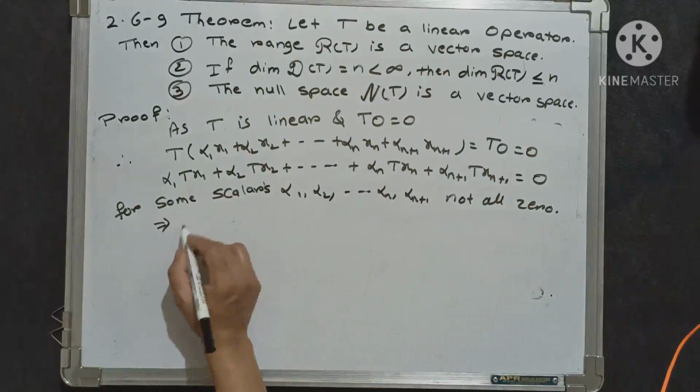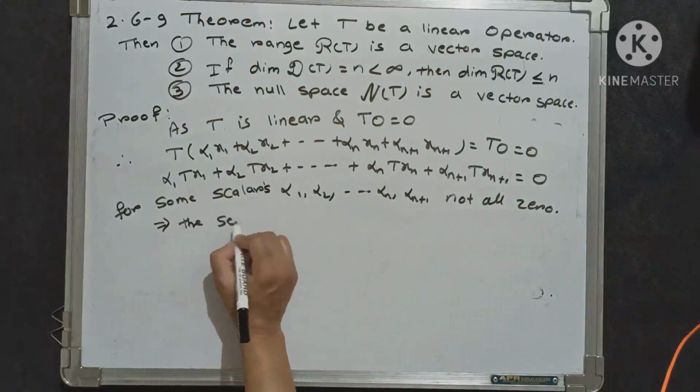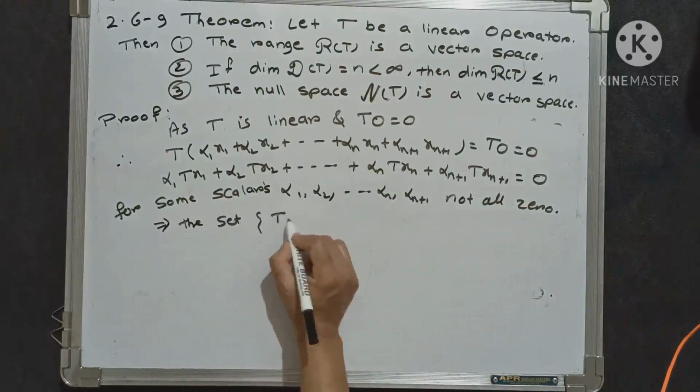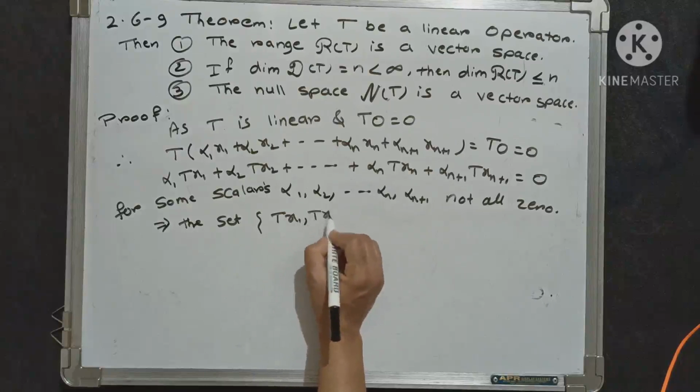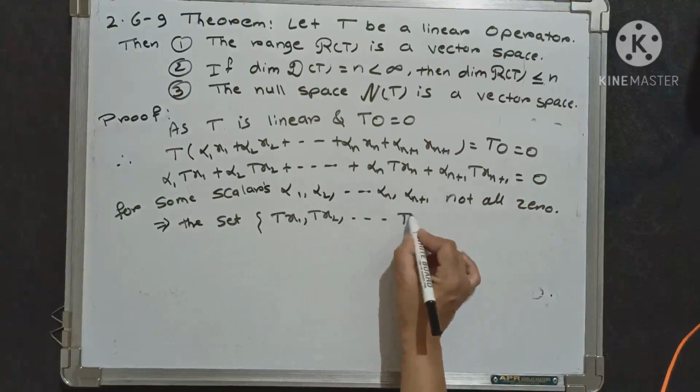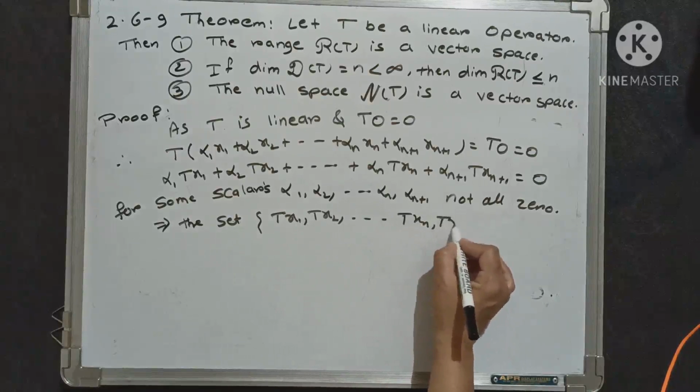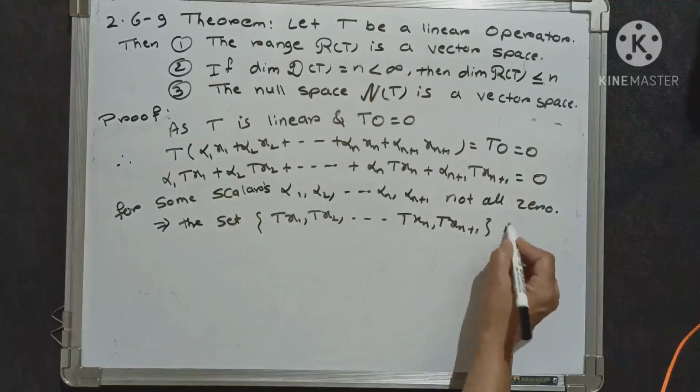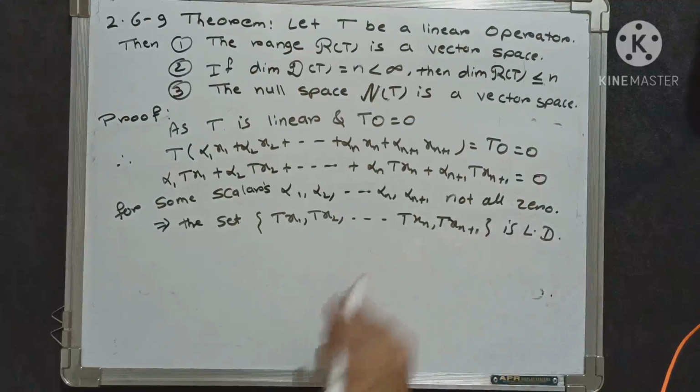It implies that the set containing the vectors Tx1, Tx2 up to Txn plus 1 becomes linearly dependent.